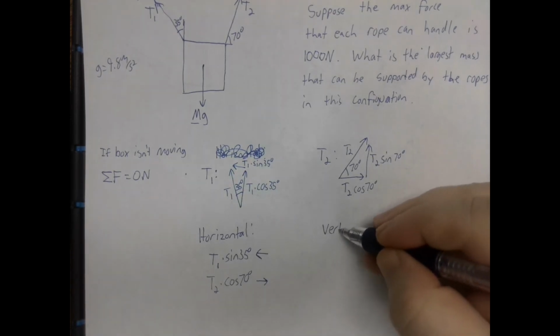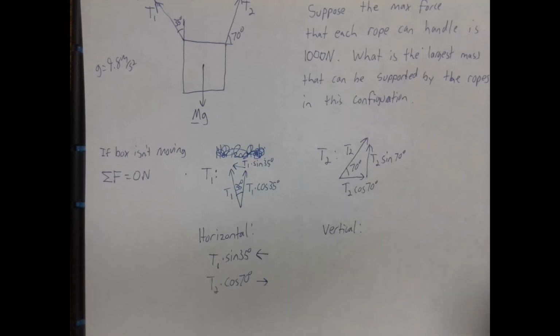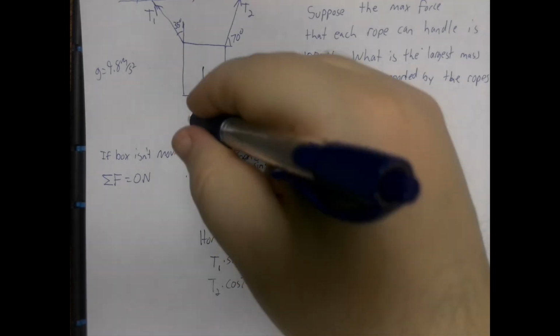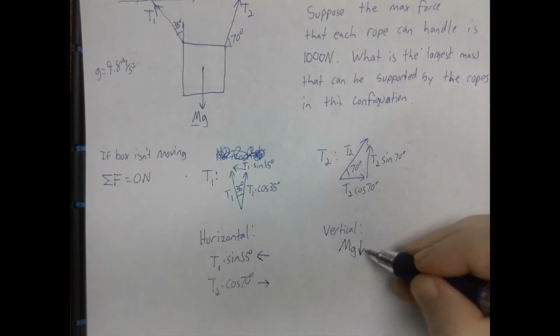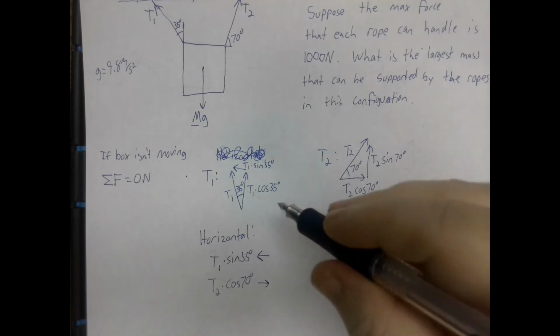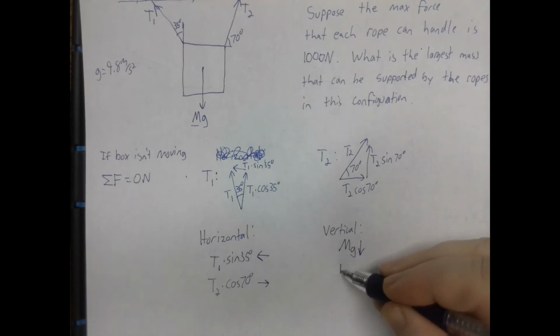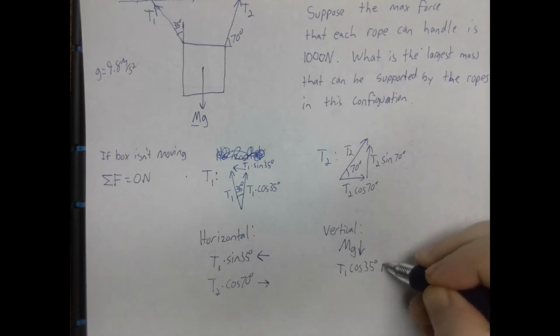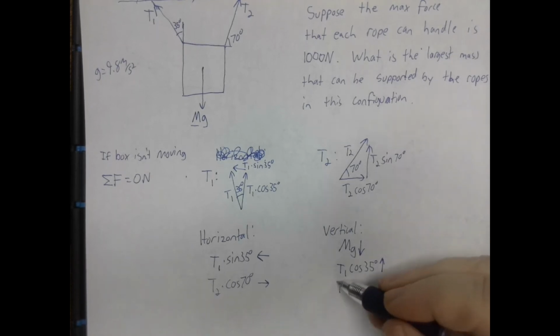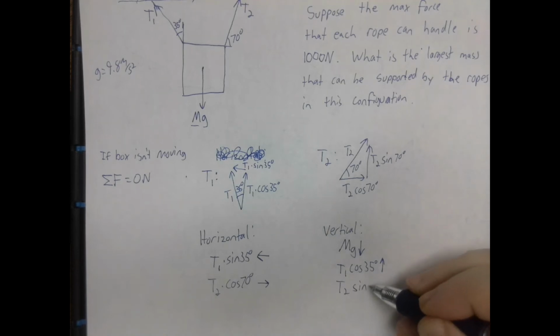Looking at the vertical component, we have mg pointing downward. We have T1 cosine of 35 degrees pointing upward, and T2 times sine of 70 degrees pointing upward.